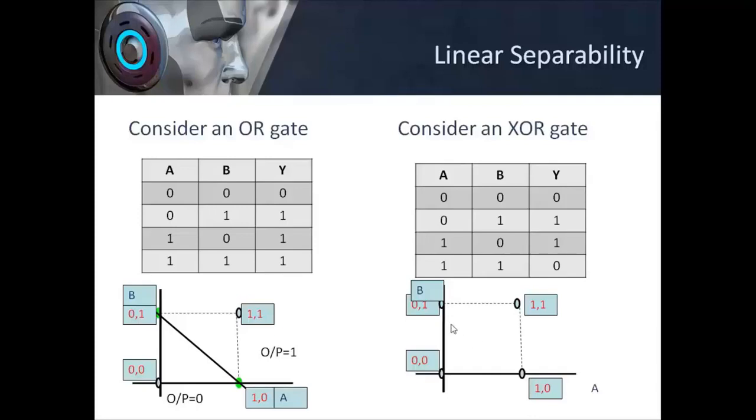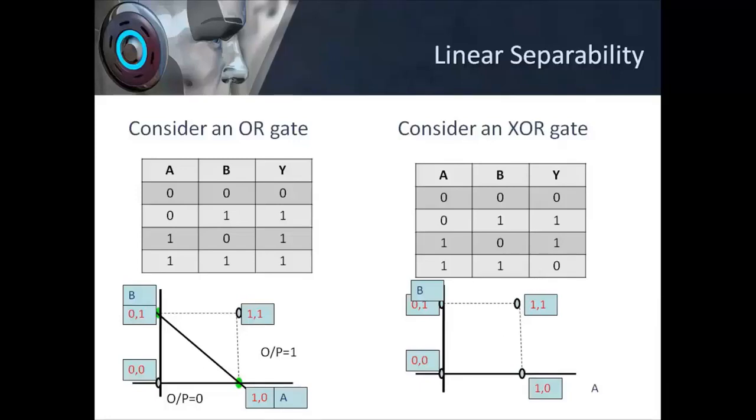Now I know that my output is going to be 1 for the cases 0, 1 and 1, 0, which are at two corners of the square, whereas the output is going to be 0 for the 2 points which are the corners of the square, again diagonal on the opposite corners, you can see.